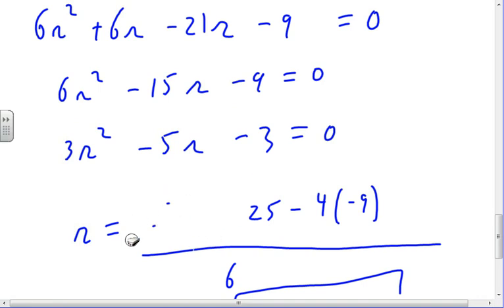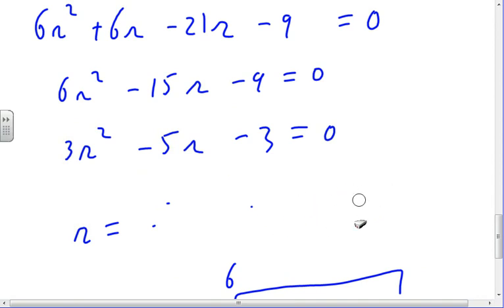Well, we know that that's wrong, because there's absolutely no way that can factor the way it's supposed to factor.